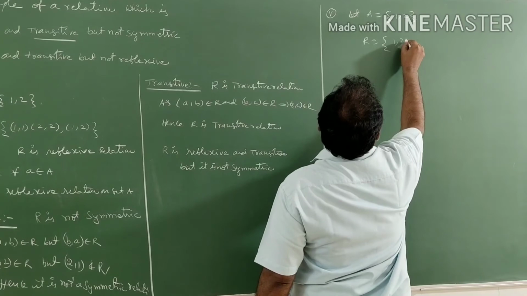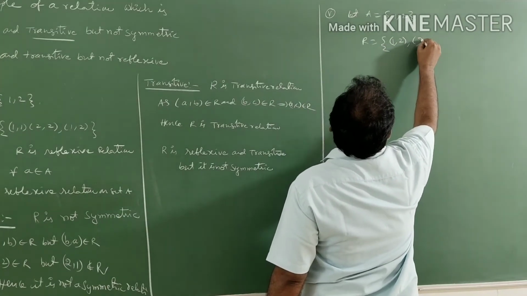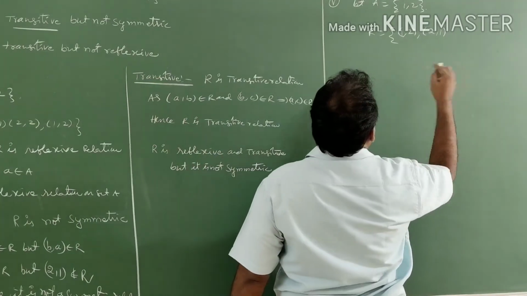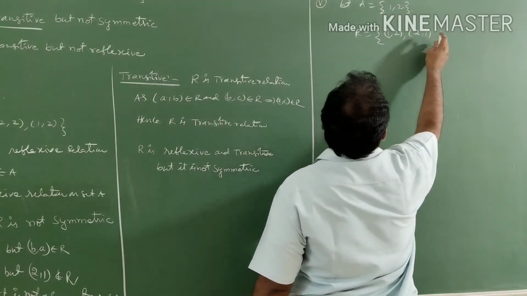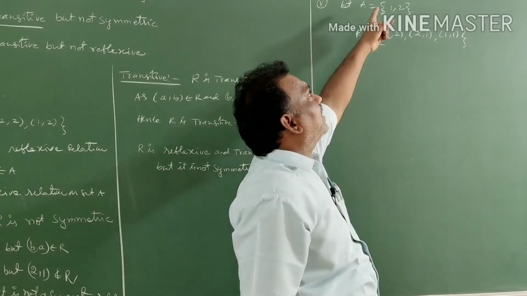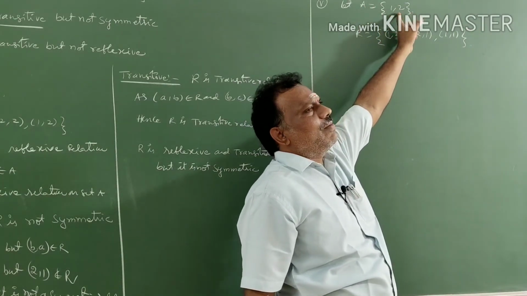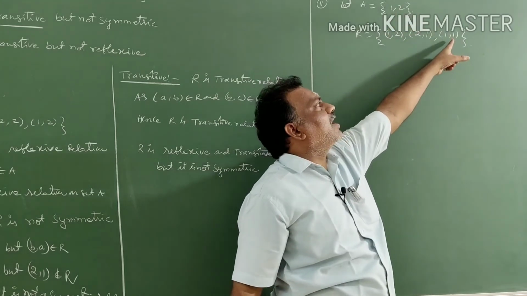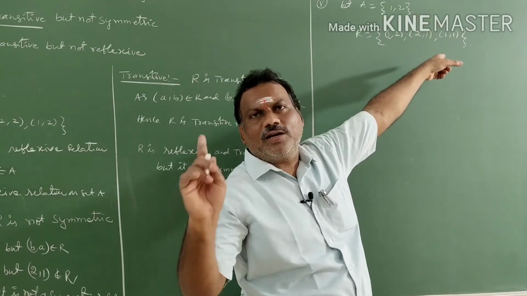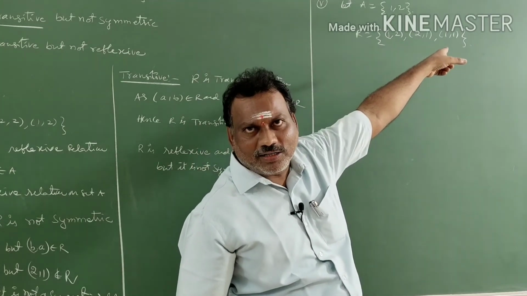I can take ordered pair (1,2), then there exists (2,1). Why? Because symmetric is possible, and transitive, AB, BC and AC, is also possible. But in the set containing elements 1 and 2, 1 has the image (1,1), while 2 does not have (2,2), so it is clearly not reflexive. Clear or not?